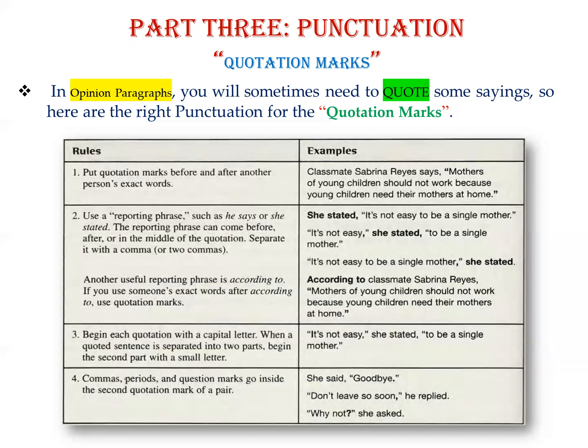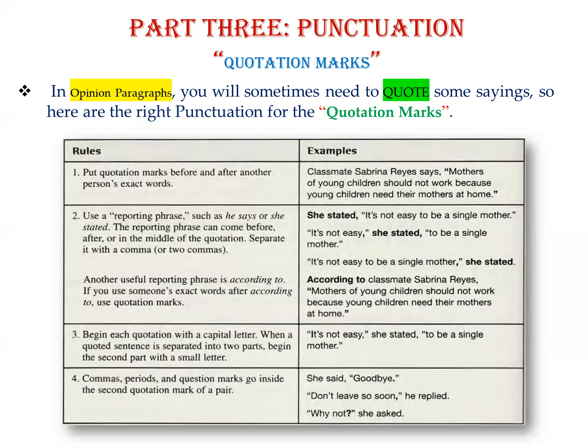But if you split it apart, we have seen in the middle, "It is not easy," then we put a comma, and we said after that she stated, we don't put a capital letter in the second half. Okay, right now we will see. When a quoted sentence is separated into 2 parts, begin the second part with a small letter. "It is not easy," comma, she stated, comma, then I don't put a capital letter, okay?